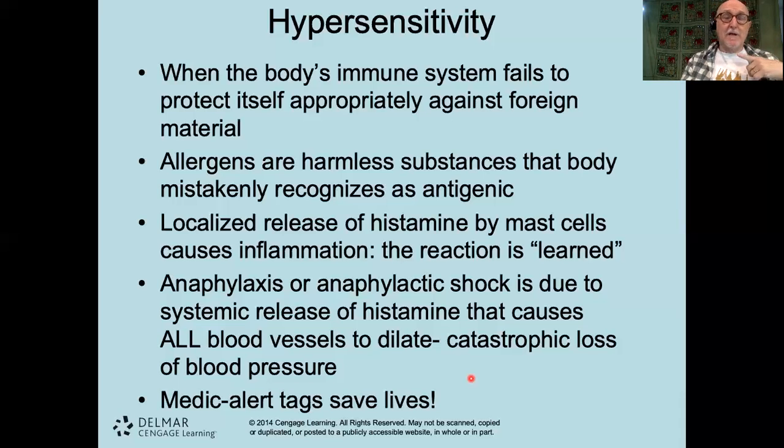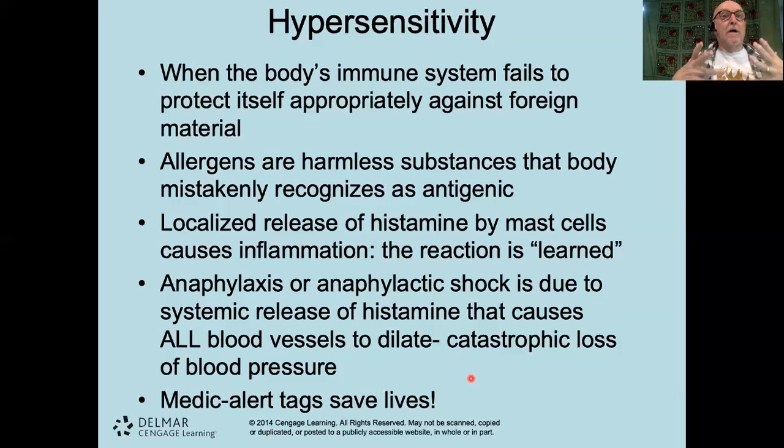People who are allergic, however, to that venom, as that venom begins to circulate, it causes exactly the same reactions. Mast cells all over your body, in all of your tissues, now react.